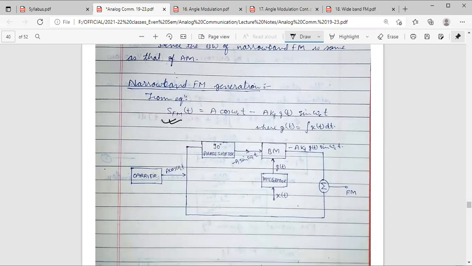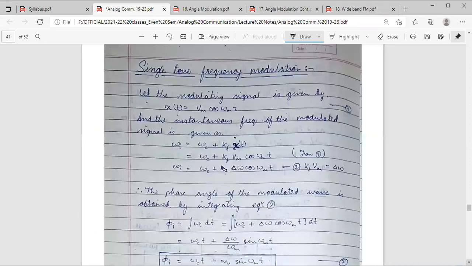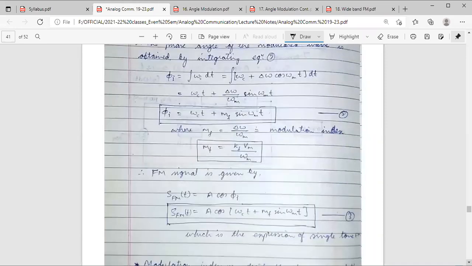From this expression, we can easily draw the block diagram for generation of narrowband FM. Now, a single tone modulating signal: from here, we get the modulation index as del omega by omega m, where del omega is the deviation and omega m is the frequency of the modulating signal.